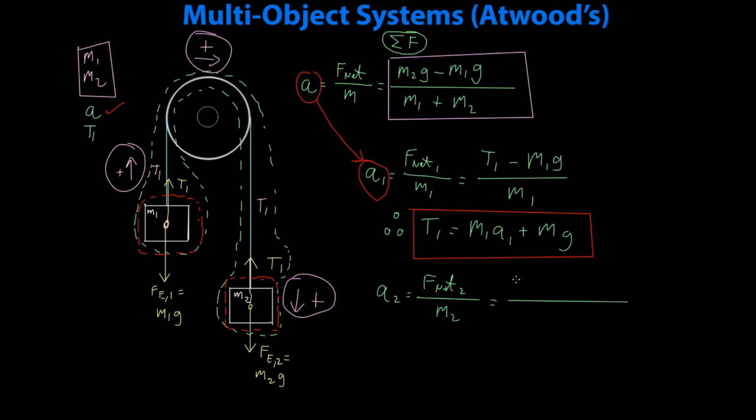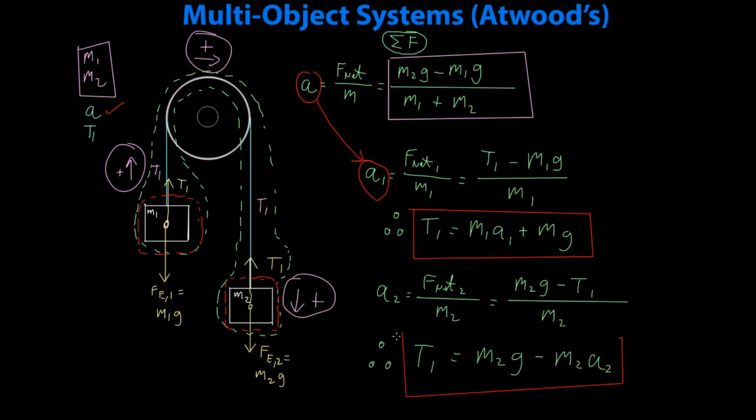Positive direction is m2g, force Earth on 2, minus tension 1 over mass 2. Therefore, T1 equals m2g minus m2a. So this would also solve for tension 1.